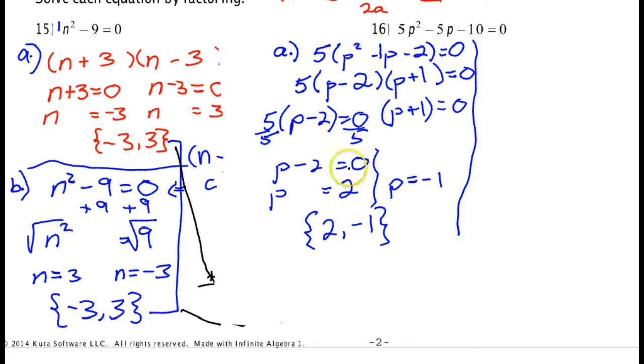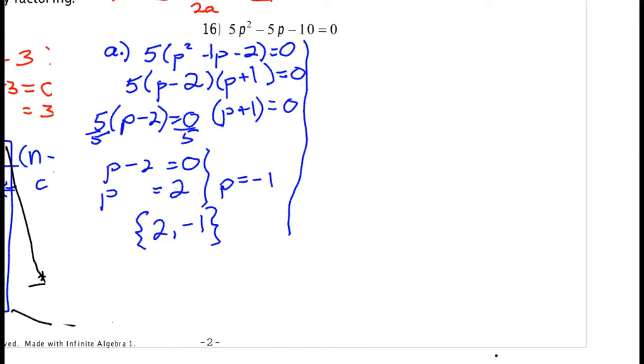So let's do it both by completing the square and by the quadratic formula and prove that it's the same thing. The first step is the same for factoring and for completing the square: take out the GCF.